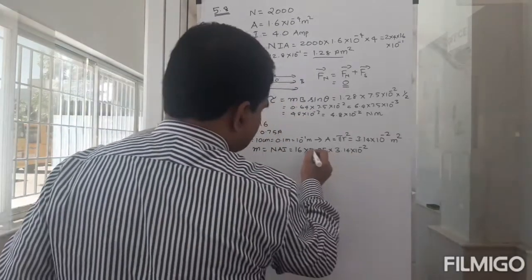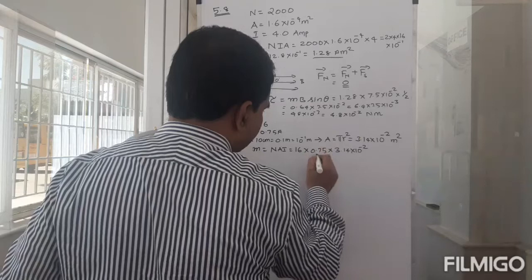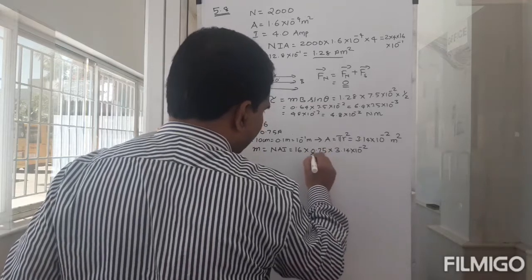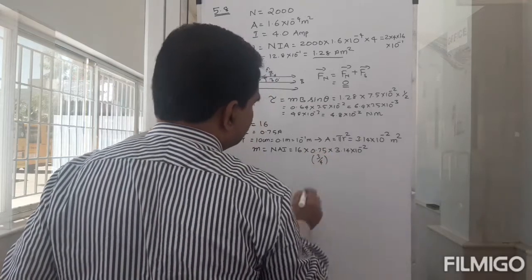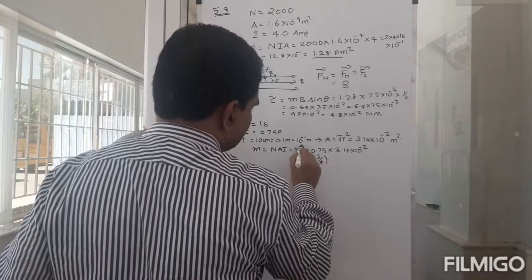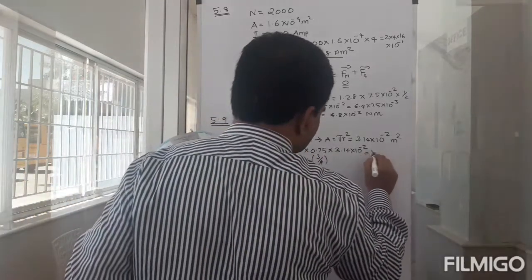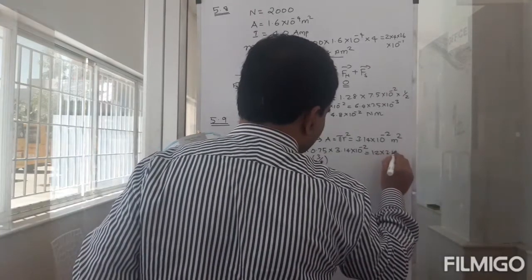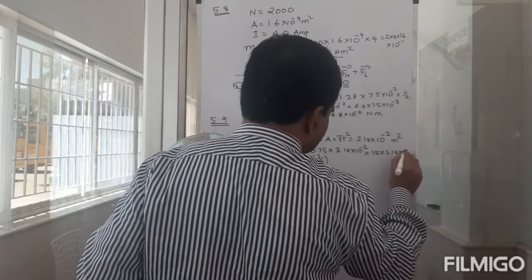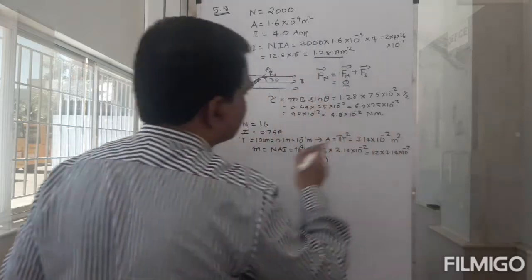This 0.75 I can write as 3 by 4, so the 4 cancels: 4 into 3 is 12, so we get 12 into 3.14 into 10 power minus 2.